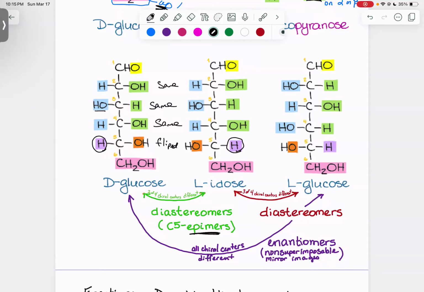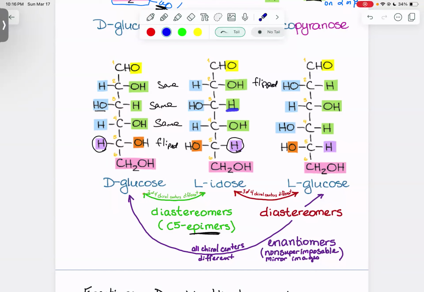Okay, so now if we compare L-idose to L-glucose, I'm going to do the same thing. I'm going to look at carbon 2 and I'm going to go hydroxyl on the left. Oh, hydroxyl's on the right. Okay, so this one is flipped. Okay, so I look at the next one and I go, whoa, look at this.